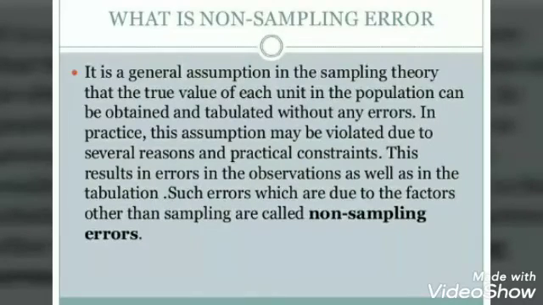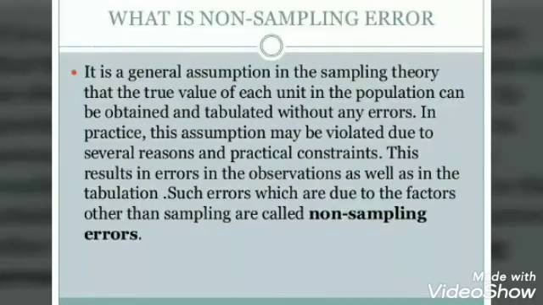The reason is that a sampling error can be minimized. That means we can minimize the sampling error by opting for a larger sample size. Under sampling error, if some kind of error exists, to reduce or remove that error, what could we do? We could increase our sample size, and that will reduce our error.